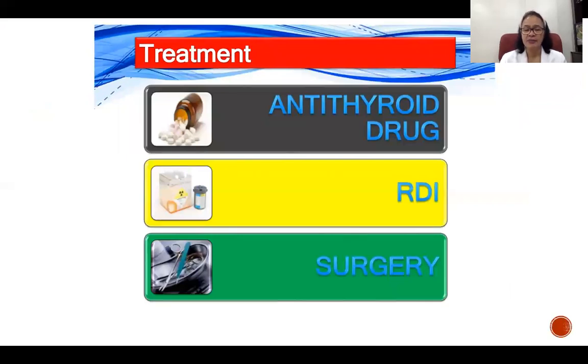surgery. Actually, most pediatric endocrinologists would recommend the anti-thyroid drug therapy as the initial treatment.